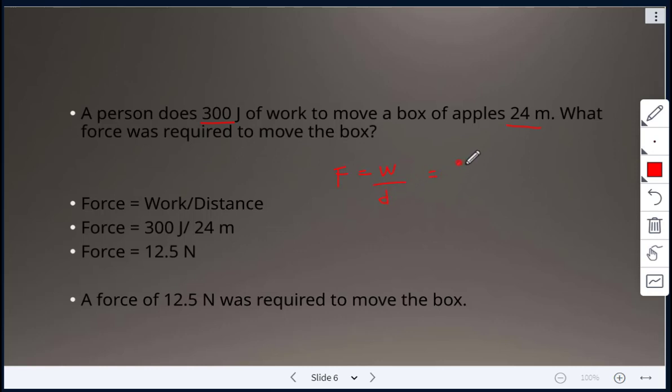The work is 300 joules. The distance is 24 meters. So you just put that into your calculator, 300 divided by 24, and we get our answer of 12.5 newtons. A force of 12.5 newtons was required to move the box.